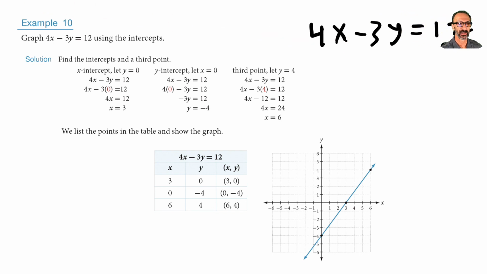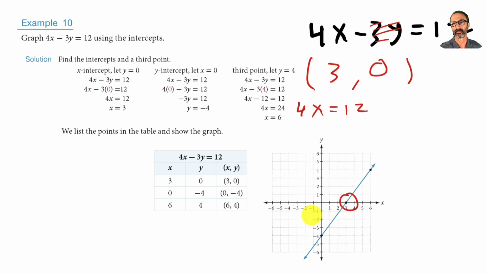I'm going to go with a lighter color. Let's find the x value, so let's put 0 for y. Could you see it, guys? This cancels, so I have 4x equals 12. 4 times what equals 12? 4 times 3 equals 12. That's (3, 0), which is right here.